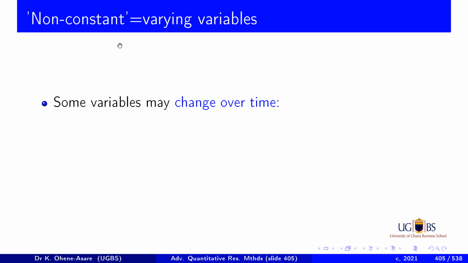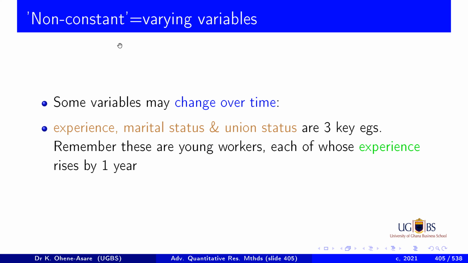Some variables are changing over time. In this story, some of them might shock you, so take note why. One of them is experience. Experience is a varying variable. Please note, later on, you come to realize that we will treat it as not varying.